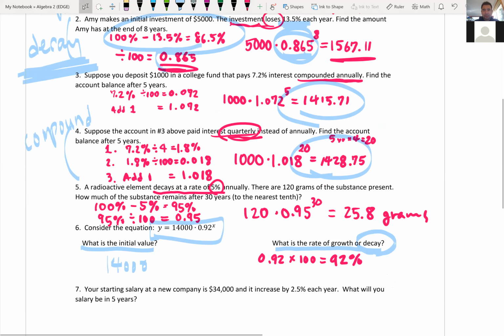And then I know it's 8%. What do we do? 100 minus 92.